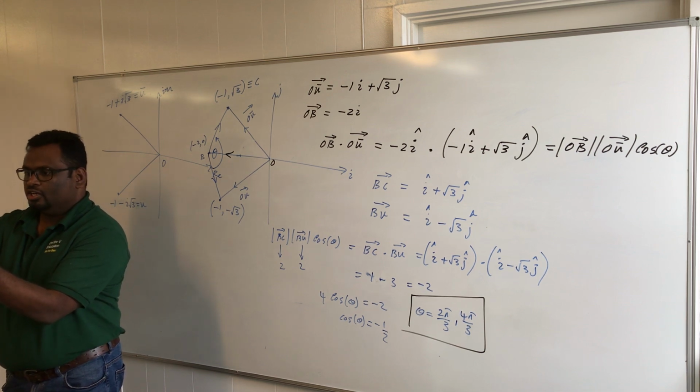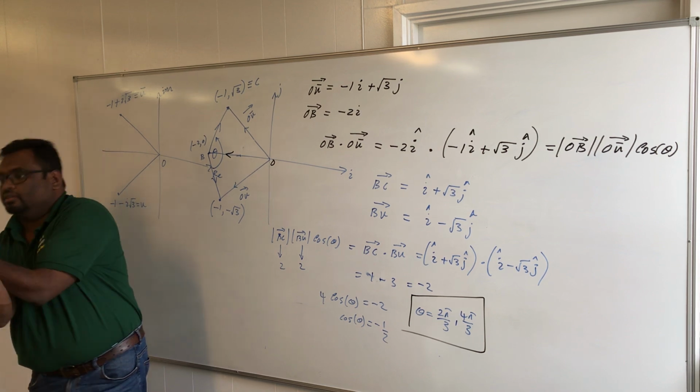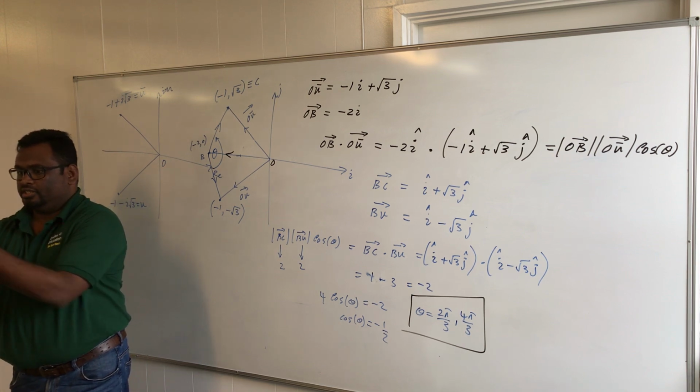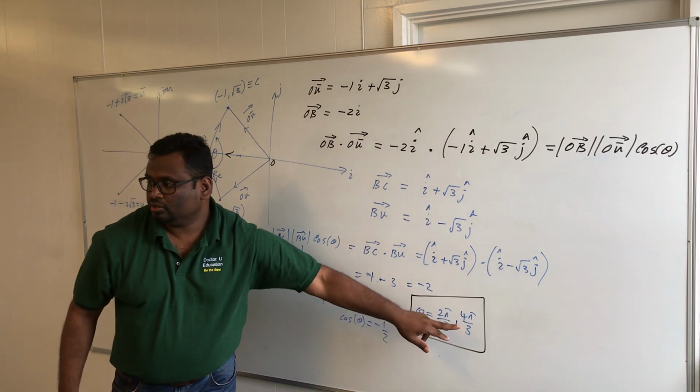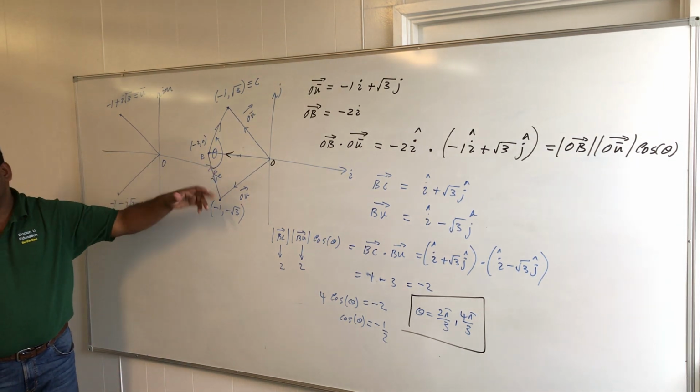That is the dot product, right? You can dot these two this way, or you can dot them the other way. So that's why both are valid. If they are strictly asking for the small one, you have to pick the small one.